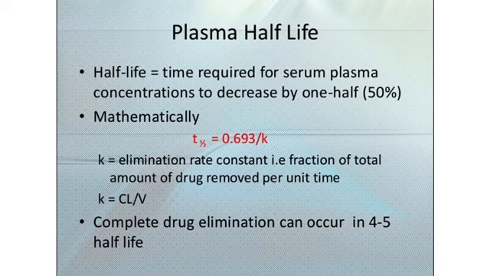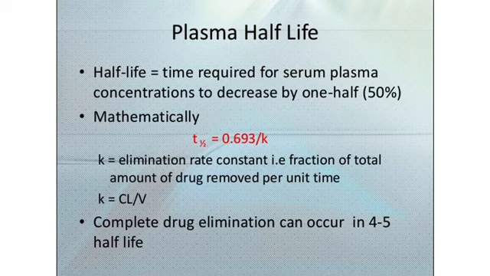How do we calculate the elimination rate constant? We use the clearance and the volume of distribution. If you're given the value of clearance and volume of distribution, you just divide CL over V, makukuha mo na yung elimination rate constant, and then you will use this value para i-divide yung 0.693 divided by K. Complete drug elimination can occur in 4 to 5 half-lives.